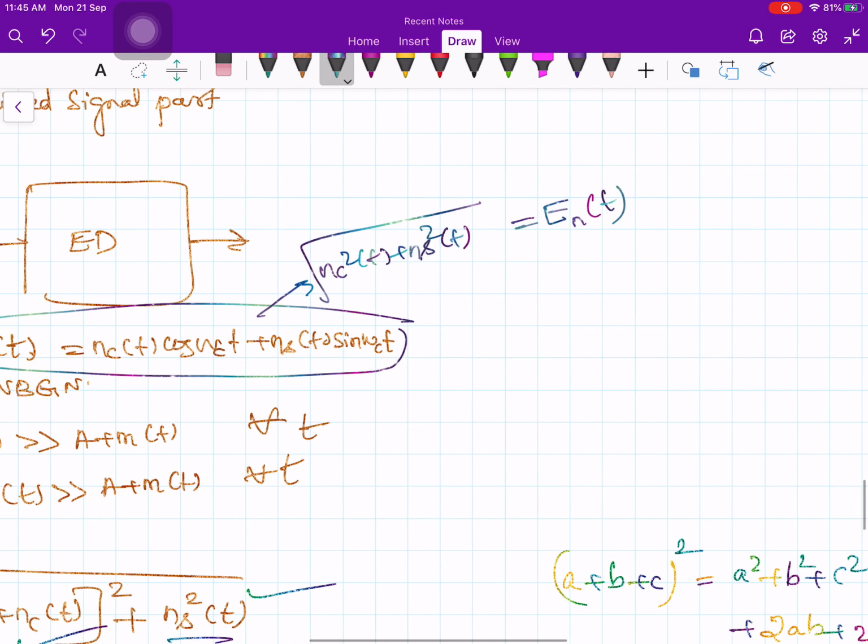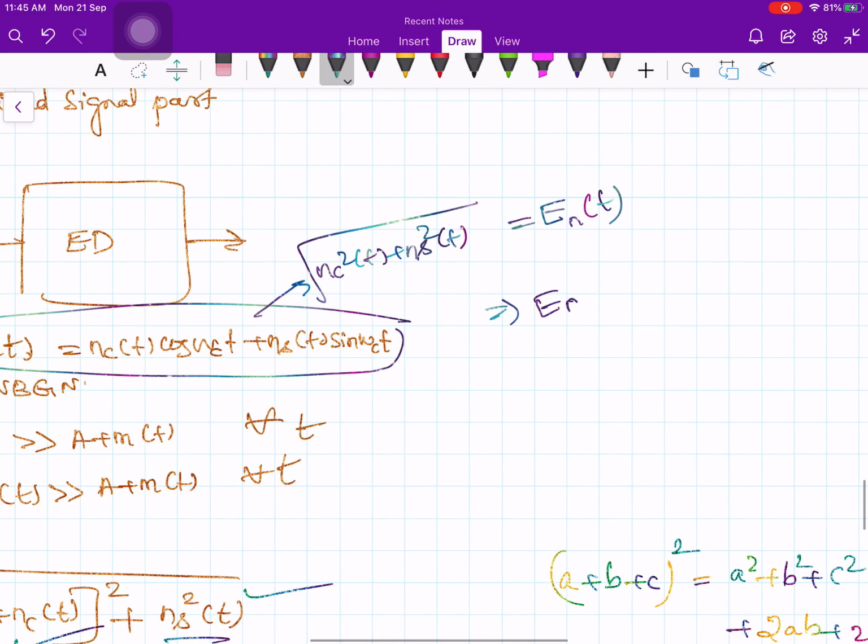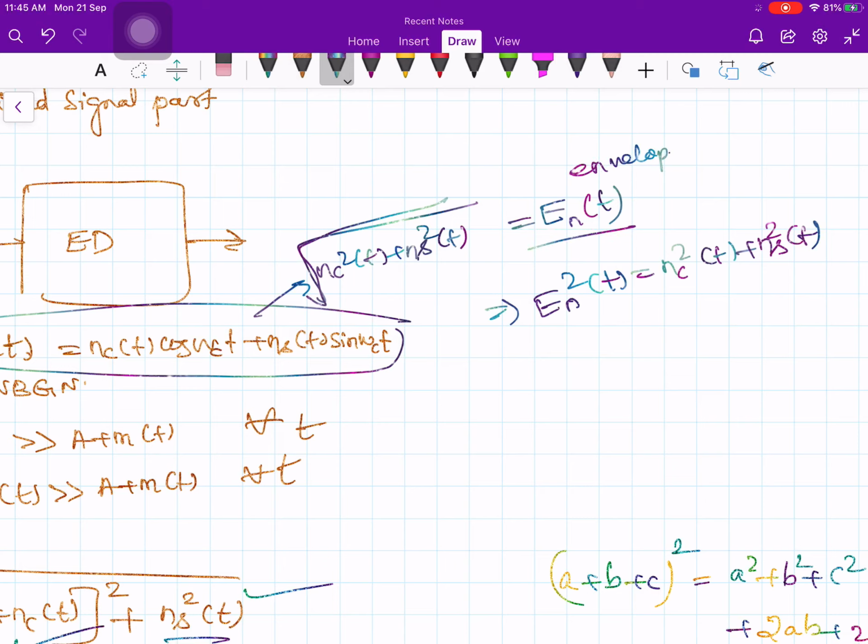This implies En square of t is equal to nc square of t plus n square of t. The square root of nc square of t plus n square of t is equal to En of t, the envelope of the noise. Again, if you take the square on both sides, then En square of t is equal to nc square of t plus n square of t.